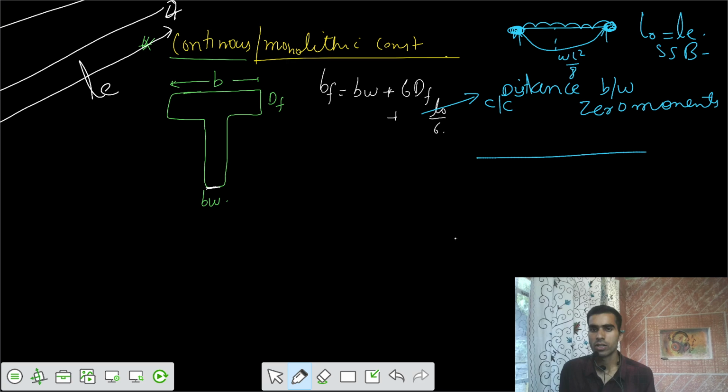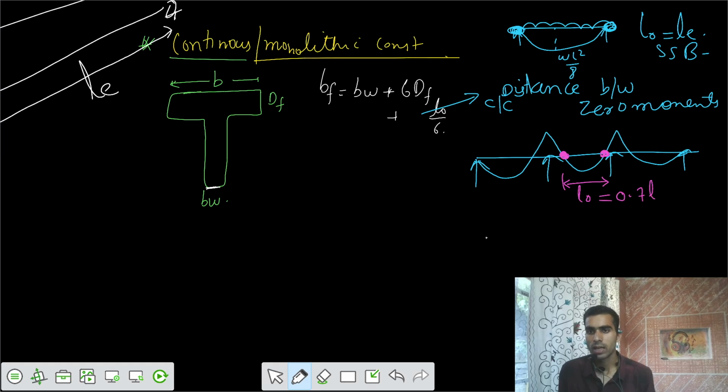And if you take a continuous system, the BMD is in this fashion. The bending moment is zero somewhere in a particular span, somewhere here and somewhere here for the continuous system. So L naught we take as 0.7 L effective.